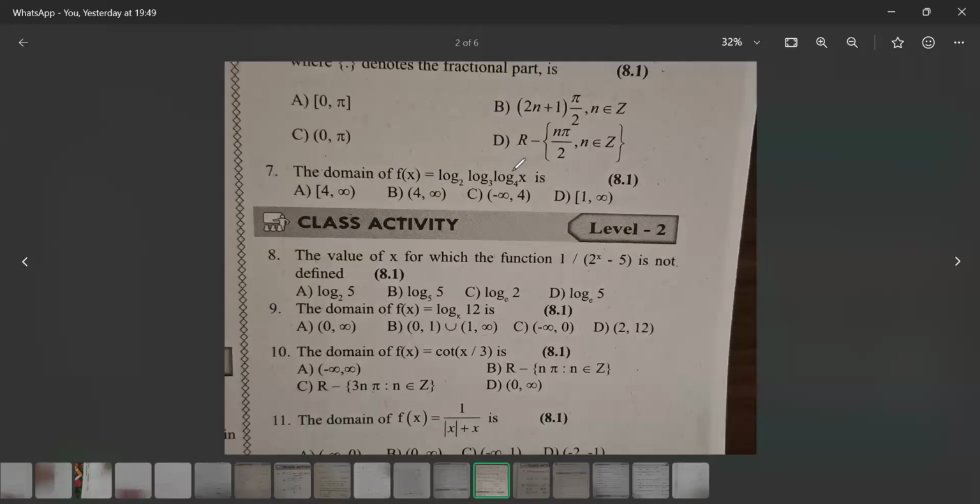For question number 7, first of all, this log should be defined. We have to find the value of x here. Log is defined for x greater than 0.